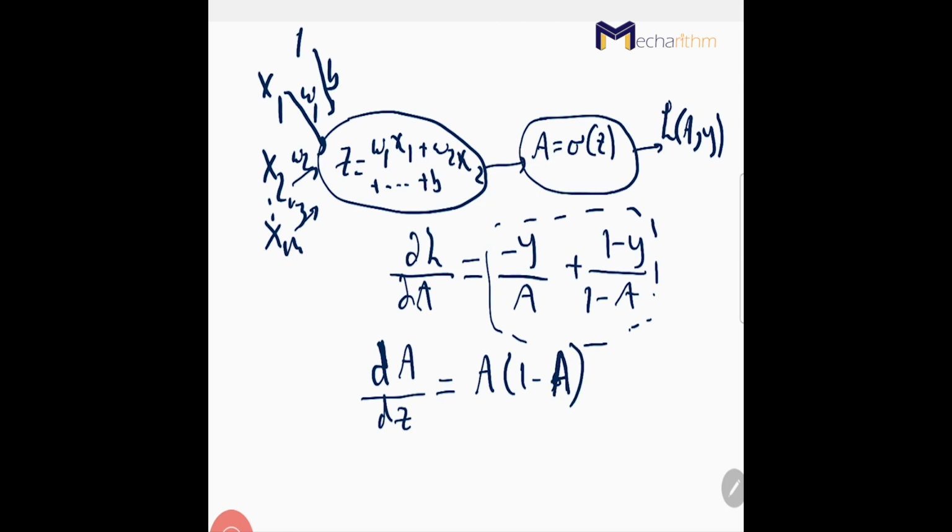This also happens to be derived from the basic rules of calculus for exponential functions, because the sigmoid basically is like 1 over 1 plus some exponential. So we're just going to accept this as a fact for now. We don't have to derive it ourselves.